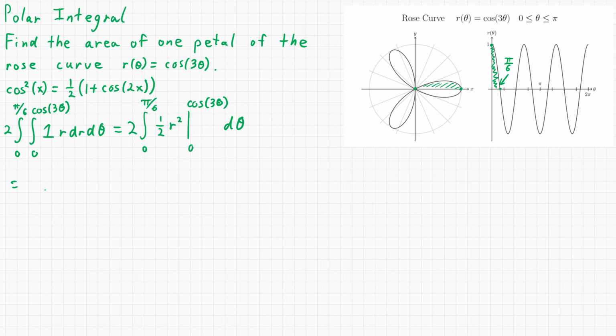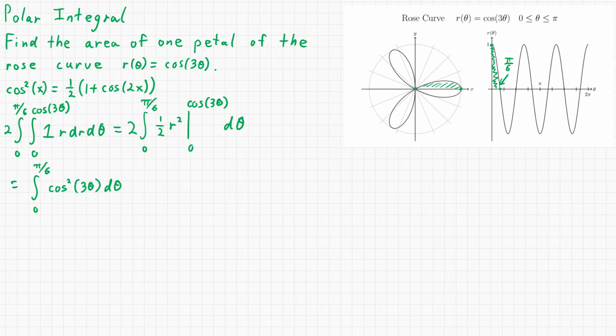I can cancel some stuff: the 2 and the 1/2 cancel, so I just have the integral from 0 to pi over 6. Then for r squared, plugging in the 0 gives 0, so we really only have to worry about cosine squared of 3 theta d theta. That's the last integral we have to worry about.